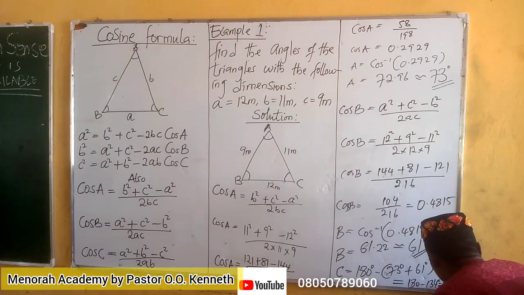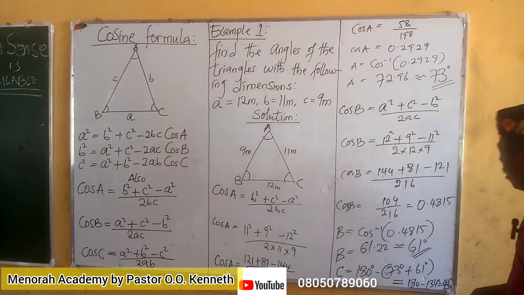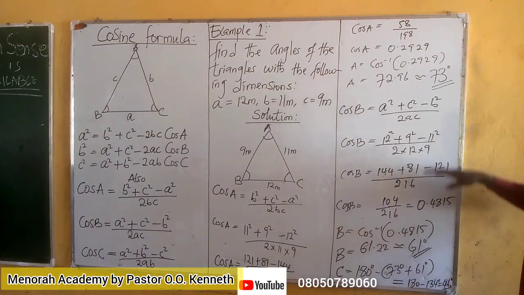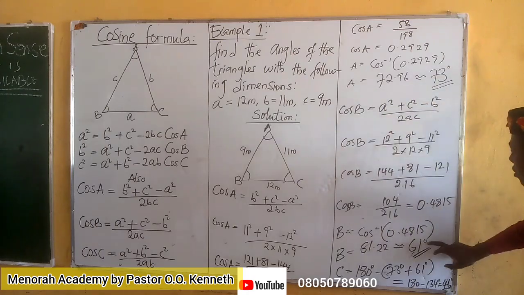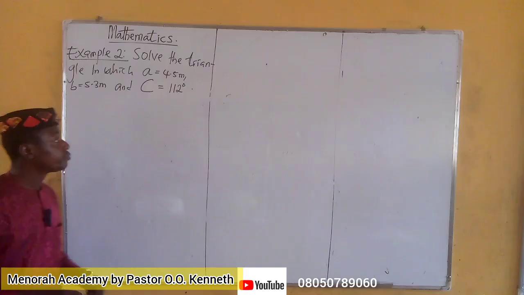This is going to be 46 degrees. So you see, we have found the angles. One of it is 73, the other one is 61, then our C part is 46. That's question number 2.